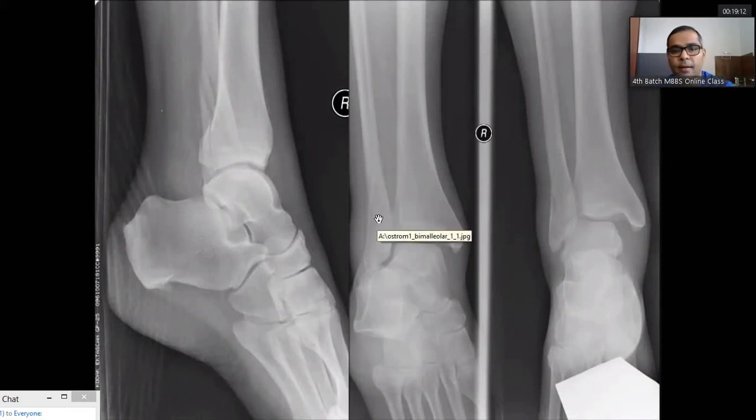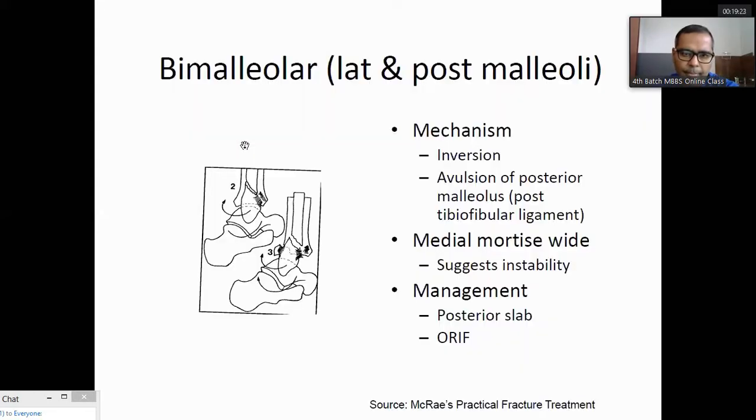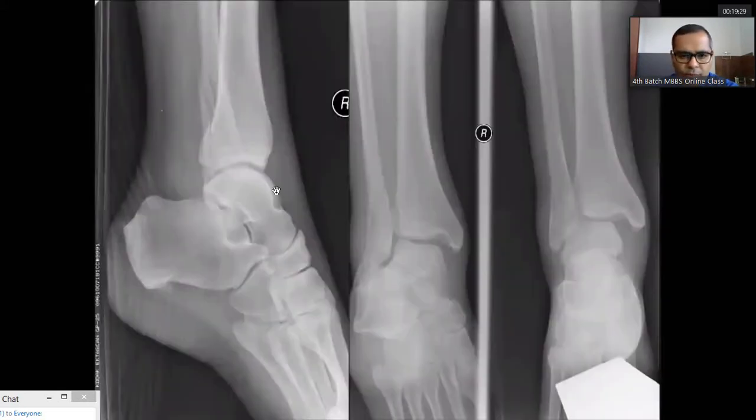So this is trimalleolar, an injury at 3 places, a big injury. Or bimalleolar, let's say, though this picture is suggestive of posterior malleolus and lateral malleolus. Generally, we call it bimalleolar when there is a medial malleolus and lateral malleolus fracture, but here there is a posterior malleolus and the lateral malleolus.